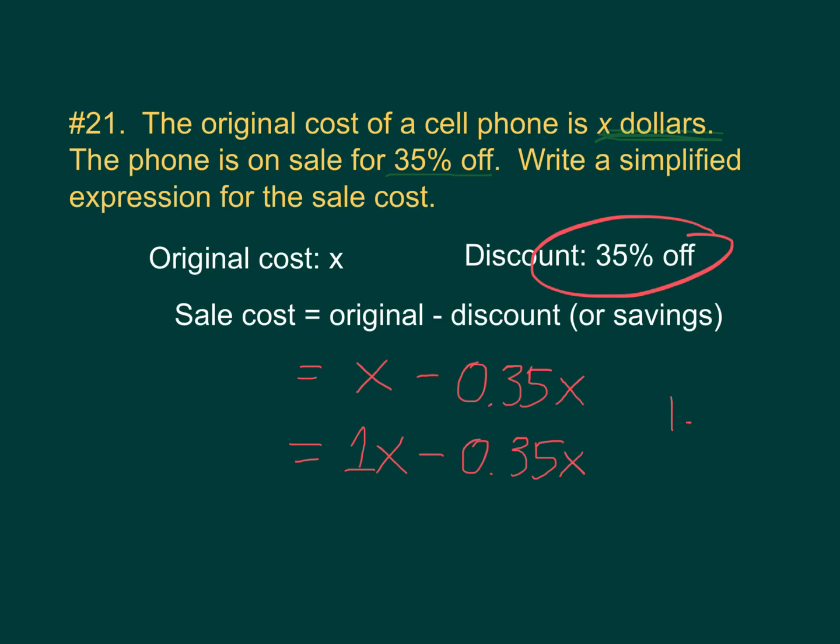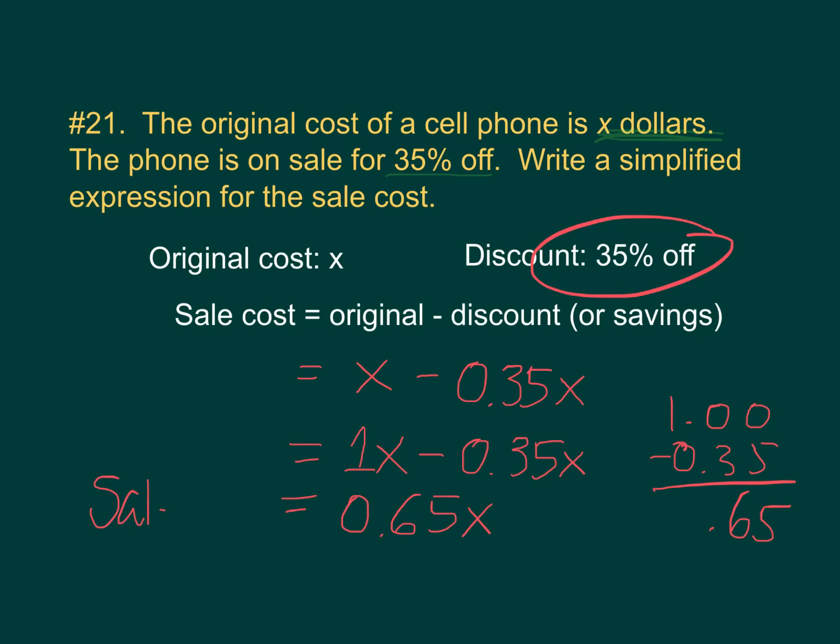So you have 1.00 minus 0.35. Okay, so you get 0.65, and I'm going to take the x back on, so 0.65x. That is your sale cost. And this is the simplified expression that you're asked to find. Okay.